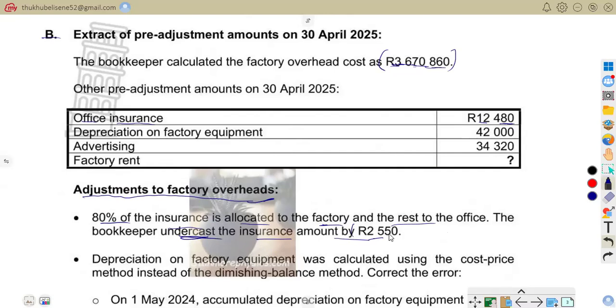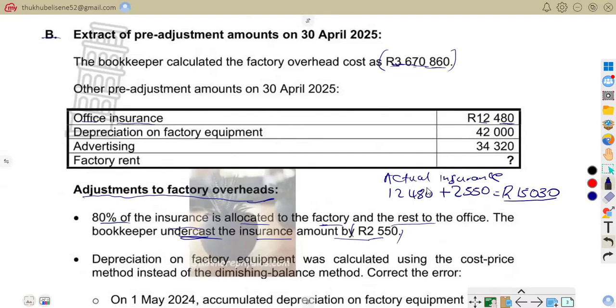It was undercast by this much, so to get the actual insurance we say 12,480 plus 2,550, and the actual insurance is 15,030. Hope we are together on that.